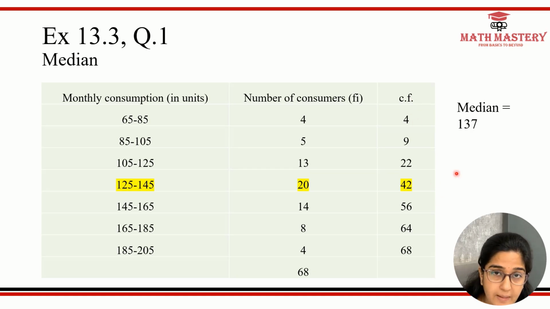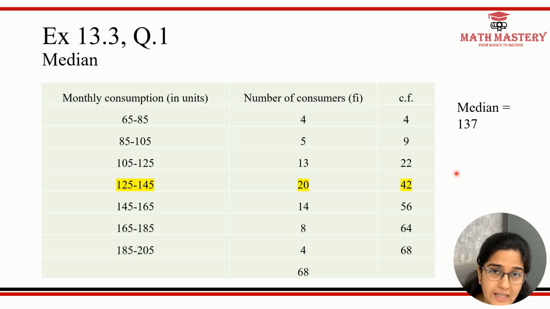Now the second step is to find out the median class interval. The median class interval is the interval where cumulative frequency is equal to n by 2 or greater than n by 2. Why? Because n by 2 is the value which divides the total area into two equal halves, as we are talking about grouped data in the form of a frequency distribution.